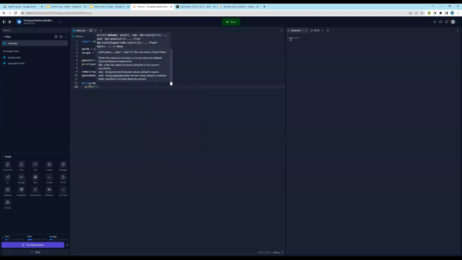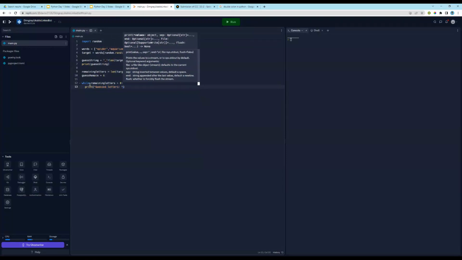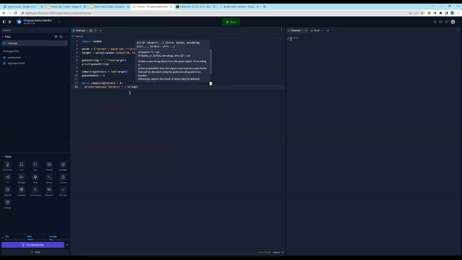So first of all, you have to output, oh, these are the letters you guessed so far. So we'll first tell them what letters they've guessed. Again, we will be using the plus sign to concatenate two strings for the guess bank.